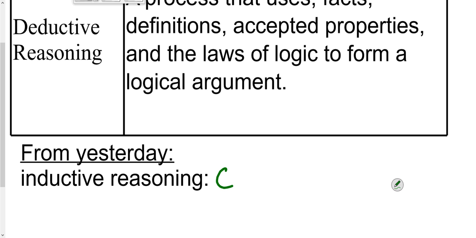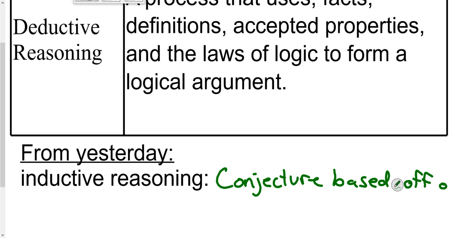So inductive reasoning was conjecture based off of patterns. And conjecture is kind of like a guess, an educated guess. So an educated guess based off of patterns.